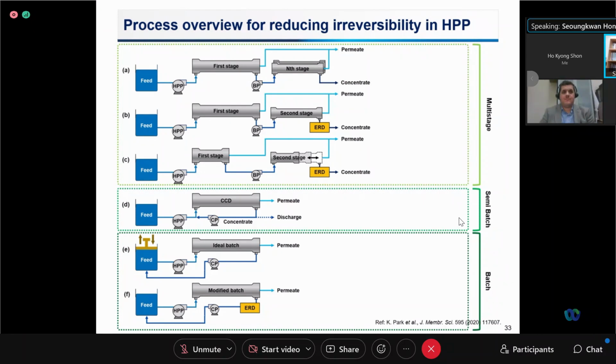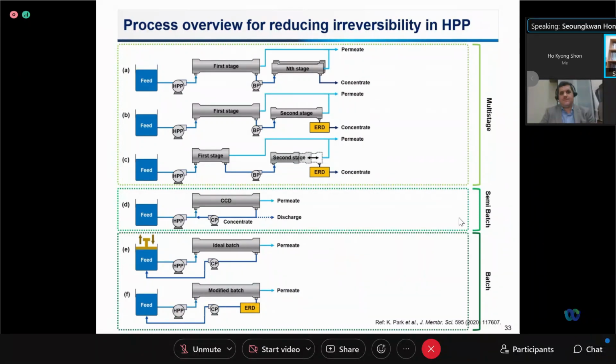However, current SWRO desalination plants with multi-stage RO do not show such low energy consumption. This is because the multi-stage configuration is employed mainly for high recovery. To overcome the installation difficulty of infinite multi-stage RO, semi-batch RO, named closed-circuit desalination (CCD), was proposed.